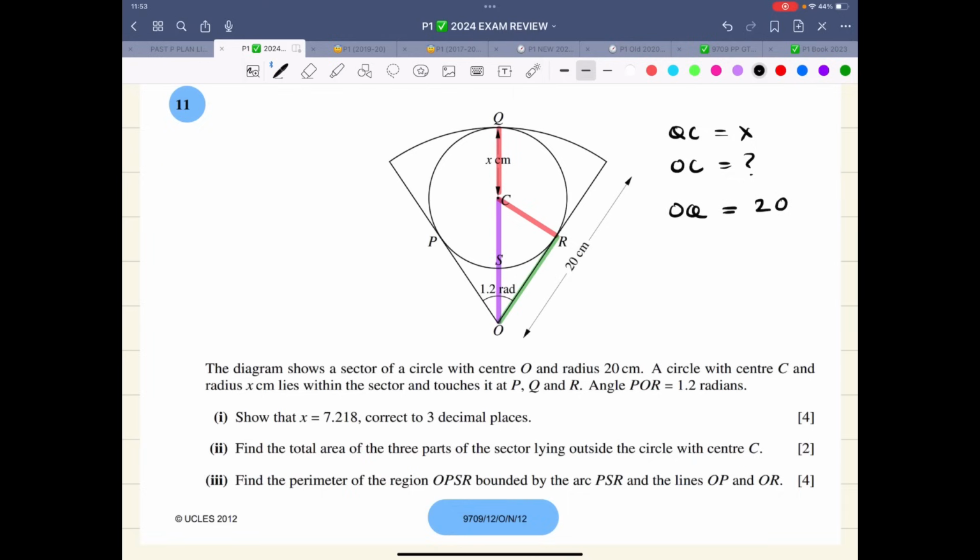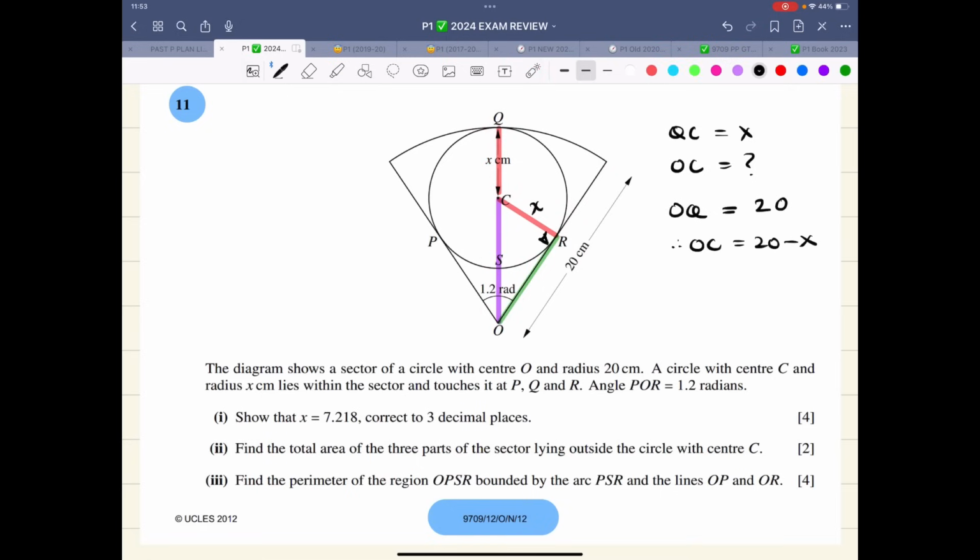Now, this thing, CR, this is also x. And this OC, can I write OC as 20 minus x? Yes. This whole thing is 20, this much is x, so OC is 20 minus x.